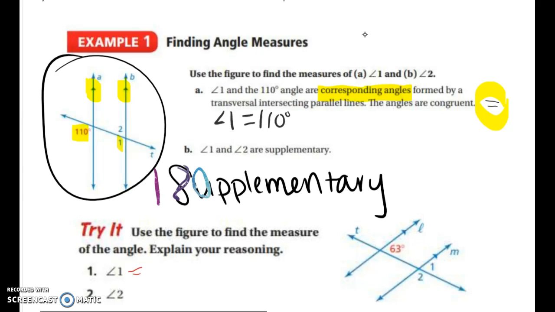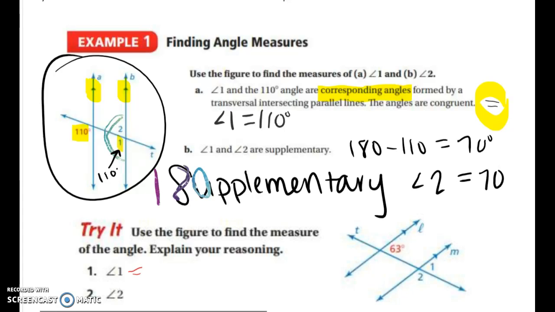Angle 1 and 2 make this straight line right here, so the two are supplementary angles. We can find angle 2 by doing 180 minus 110, because we know that this is 110 degrees, and we get 70 degrees. So angle 2 equals 70 degrees.